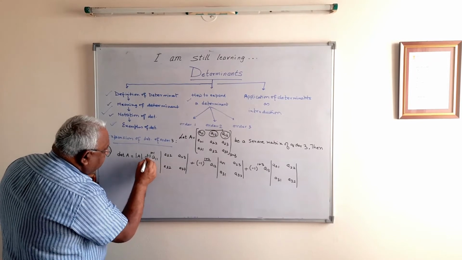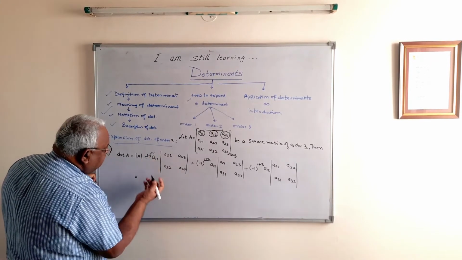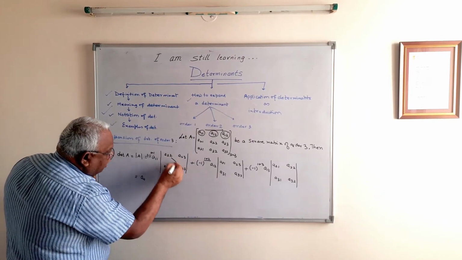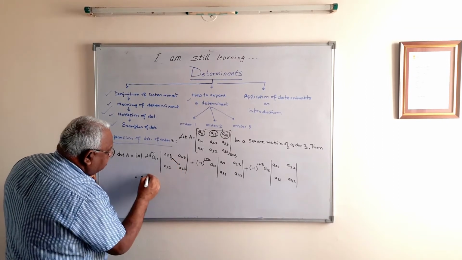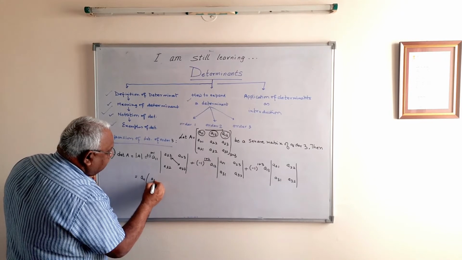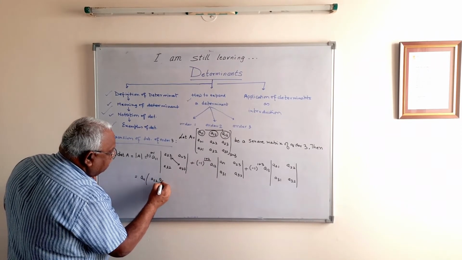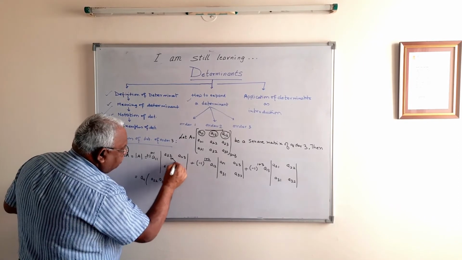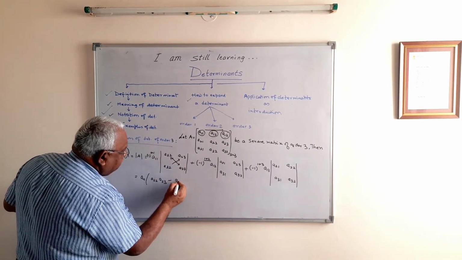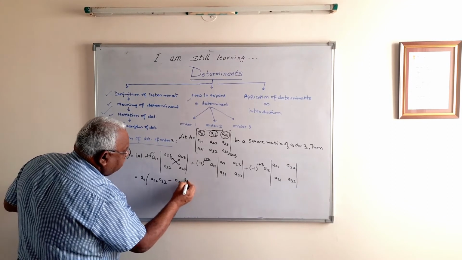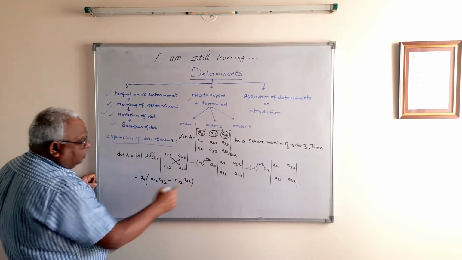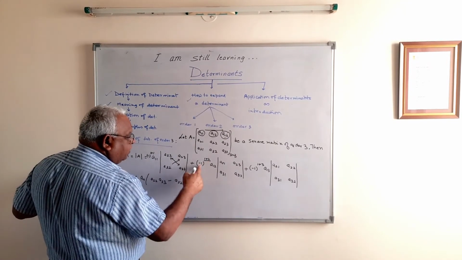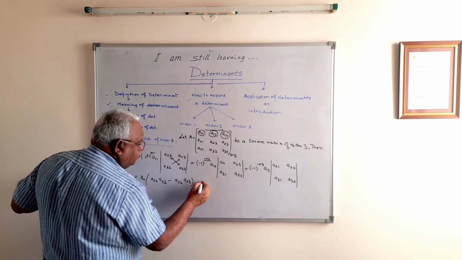So this will be minus 1 to the power 2, that is positive. And what I told you, cross multiply the main diagonal elements minus the opposite diagonal. Be very careful while writing this whole thing. Then this is 1 plus 2, odd, minus 1 to the power odd is negative.